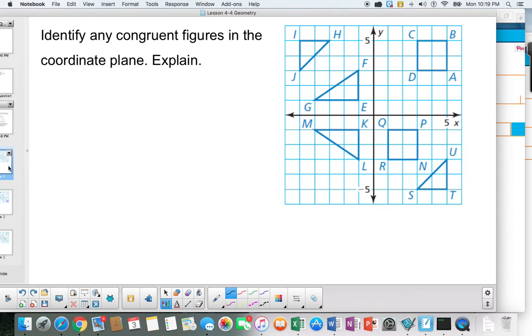All right, let's take a look. Can we identify congruent figures in the coordinate plane, and can we explain why? Let's first take a look at the two triangles.